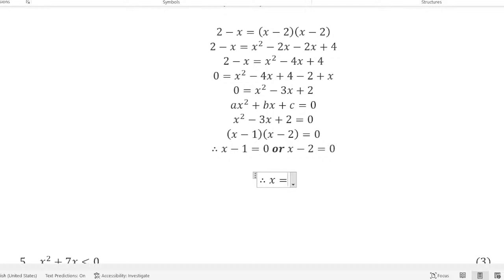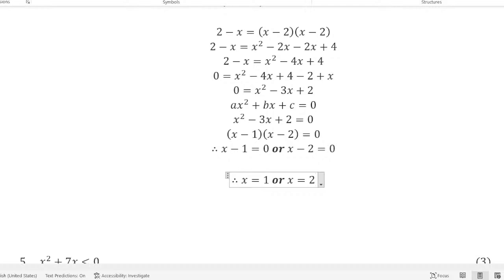Remember, when we're transposing, to transpose is to move one term to the other side of the equation. In this case, we are moving negative 1 from the left hand side to the right hand side. So the negative 1 becomes a positive 1, or x is equal to positive 2.